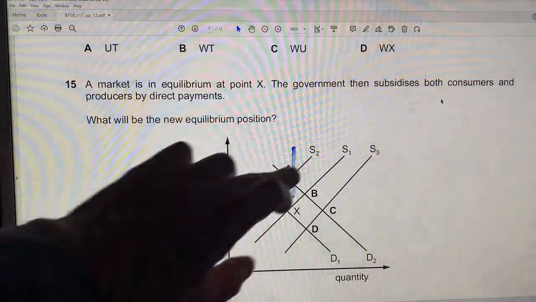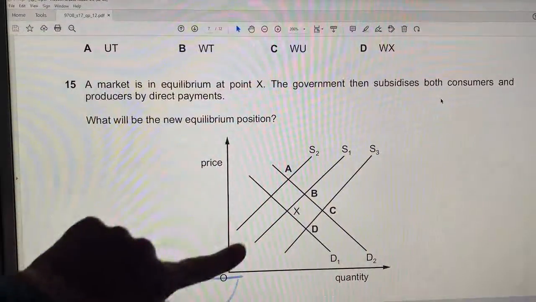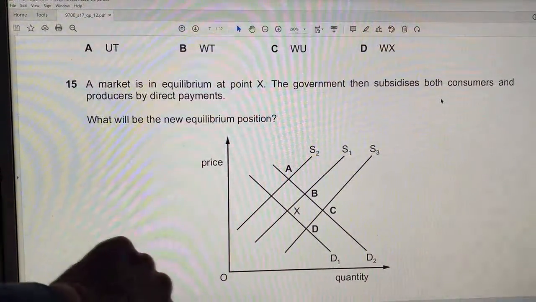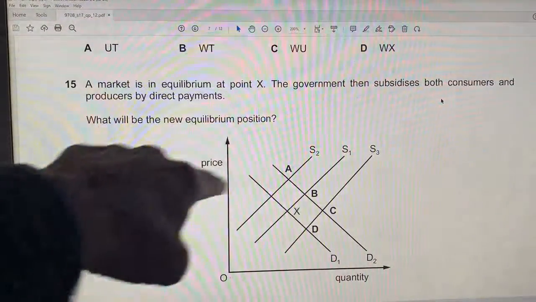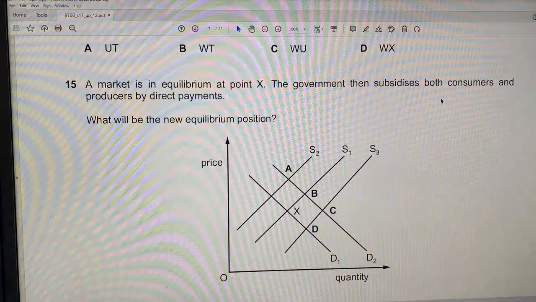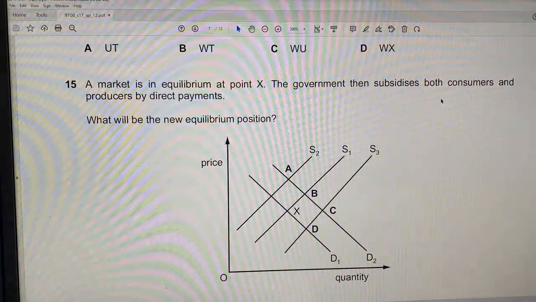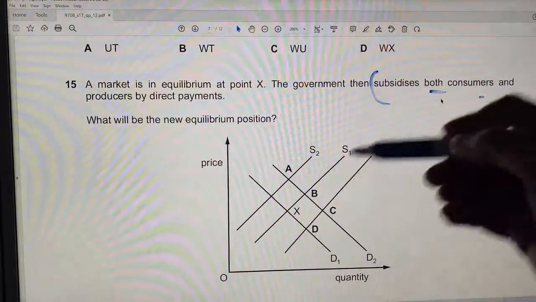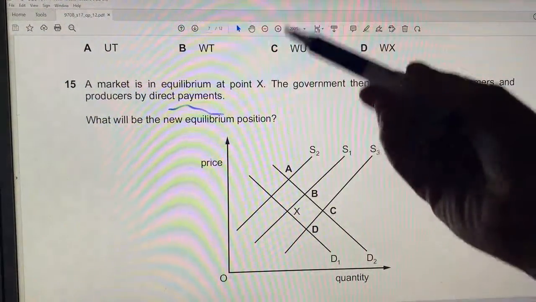Question 15 says a market is in equilibrium at X, and let's see, the initial position is S1 and D1. They say then the government subsidizes both consumers and producers by direct payments. Wow.